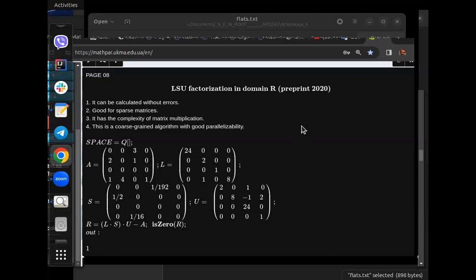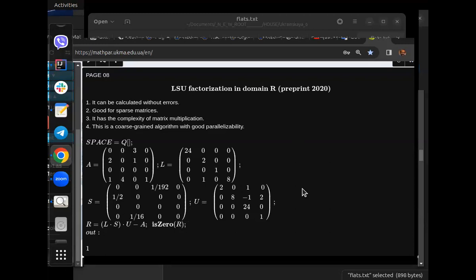What are the new features? First of all, it can be calculated without errors if you want. Then it's good for sparse matrices. And it has the complexity of matrix multiplication because it is a block recursive algorithm.